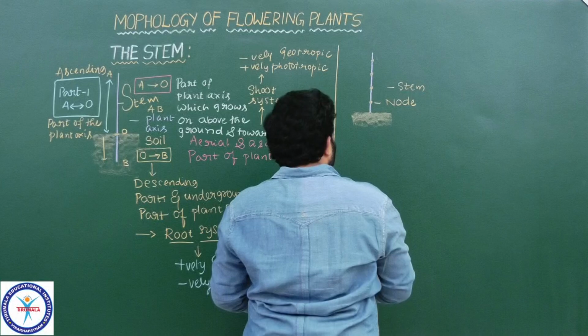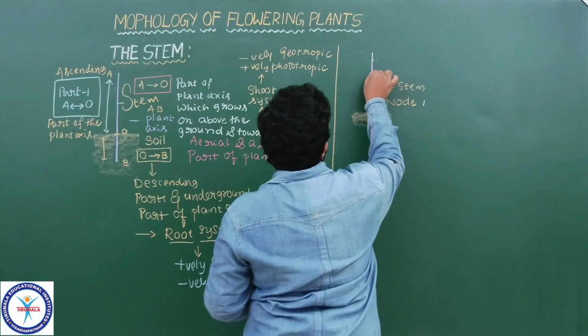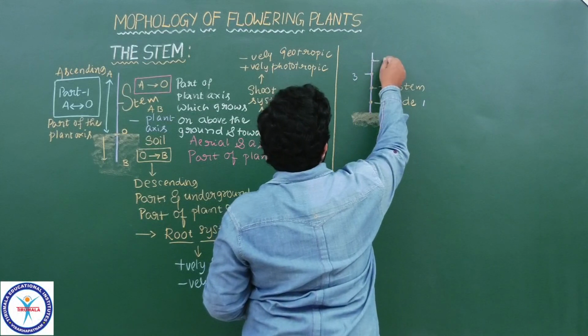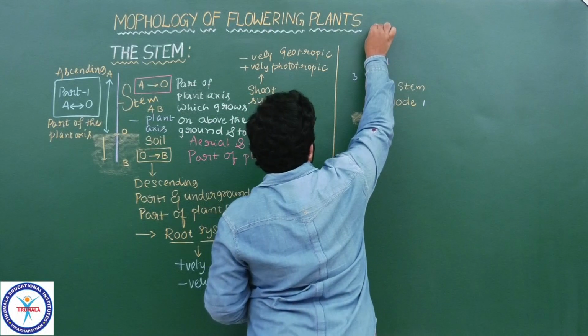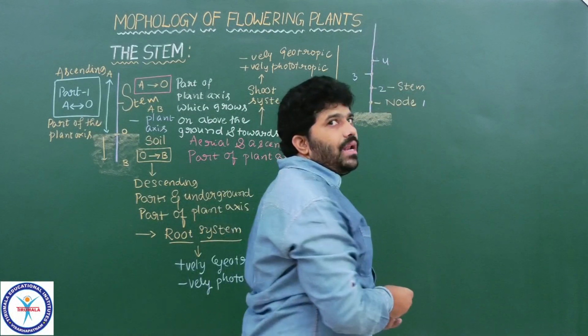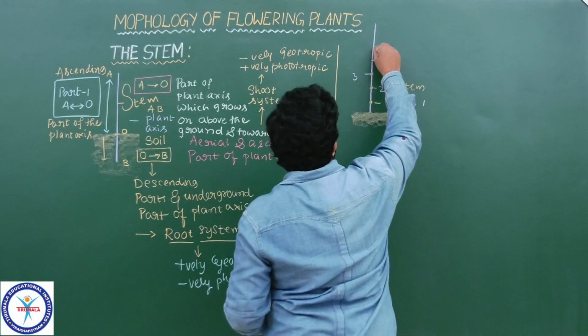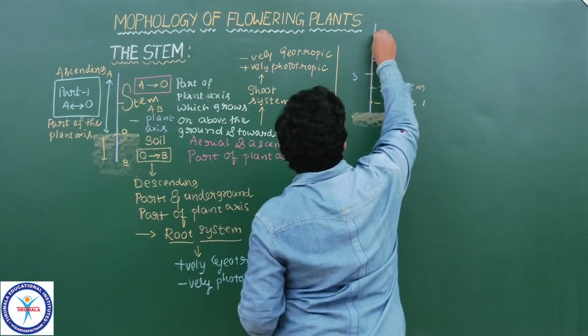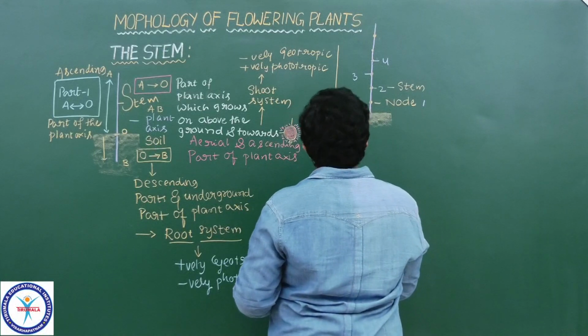So this is node 1, this is node 2, this is node 3, this is node 4. Like that, the plant is continuously growing. Along with time, the plant continuously grows and is differentiated into a number of nodes and internodes. Now you got the point.